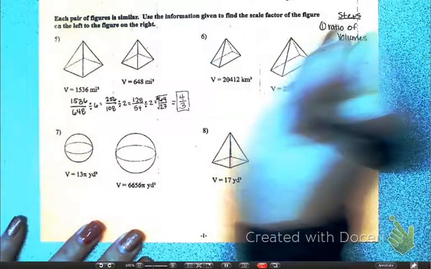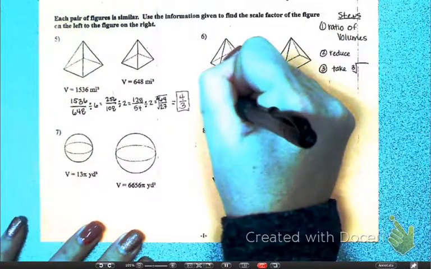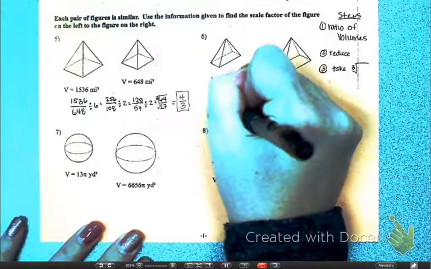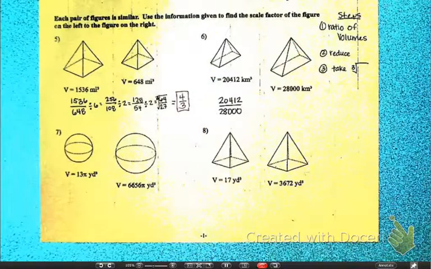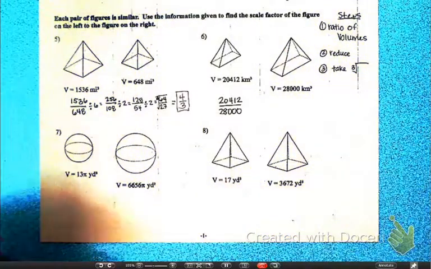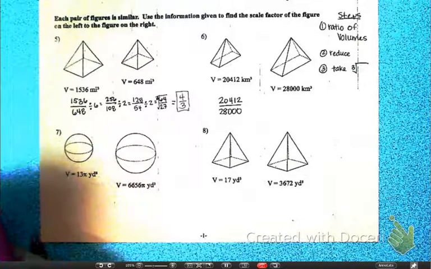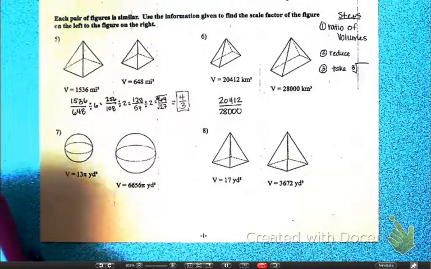So from left to right, we have 20,412 over 28,000. Let's try to find as big a number as we can that will go into both of those. So when you think you found a number, help us out. I'm sure 6 works.